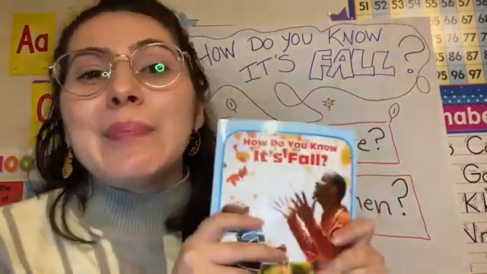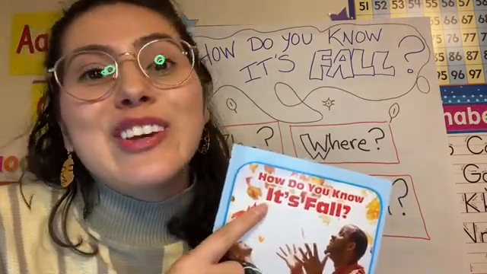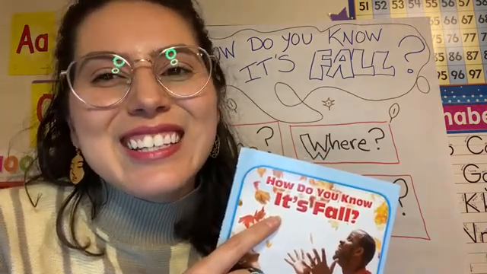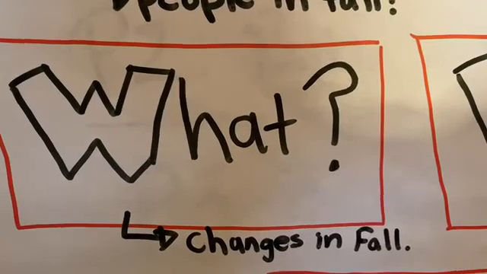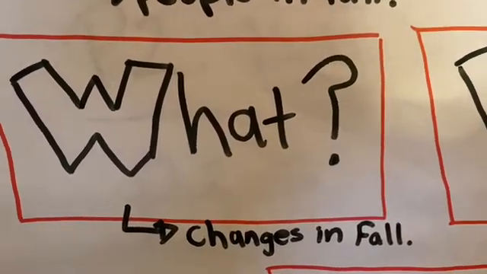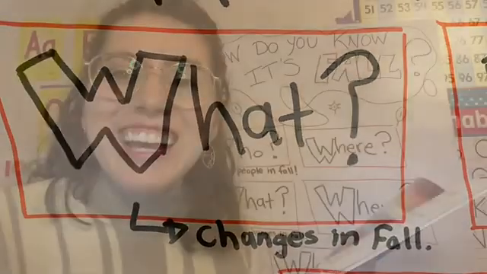This is about fall. What is it about? It's about the changes in fall. This book is about the changes in fall. That's the what in what is this book about. I'm gonna write that now. I wrote right here, my what is changes in fall. The book we just read is about changes in fall. That's my what. Great job, let's find out our next one.